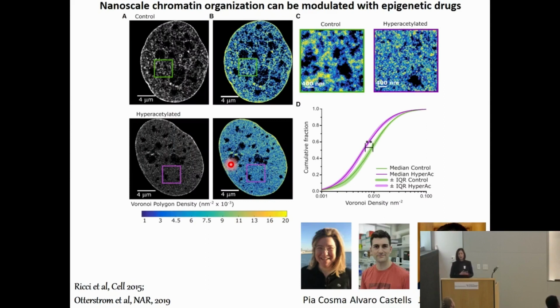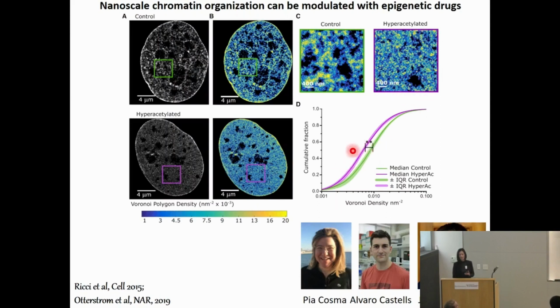So when you inhibit HDAC, what happens is there is massive accumulation of acetylation, and this leads to opening of the chromatin and higher transcriptional activity. And again, I hope you can visually appreciate that these nanoscale domains change quite a bit upon TSA treatment. They become smaller and more uniformly dispersed inside the nucleus.